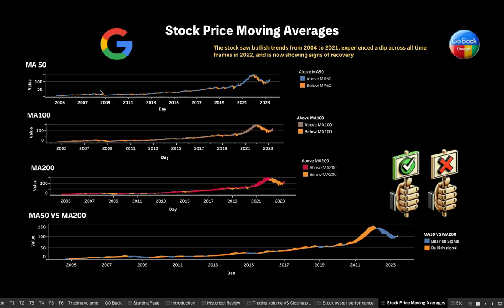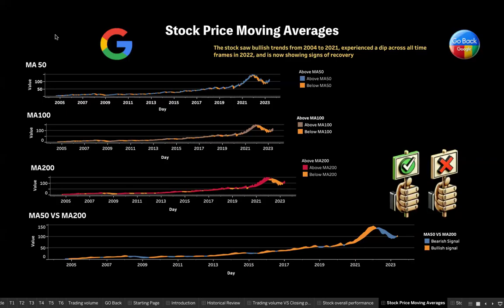I have relied on these indicators to guide my trading decisions. For instance, when Google's price was above the 50 days moving average for an extended period, I stayed in the trade, but as soon as the price started dipping below it, I reconsidered my position, reflecting the uncertainty that these markers highlight.